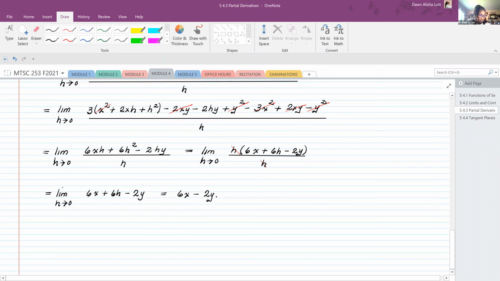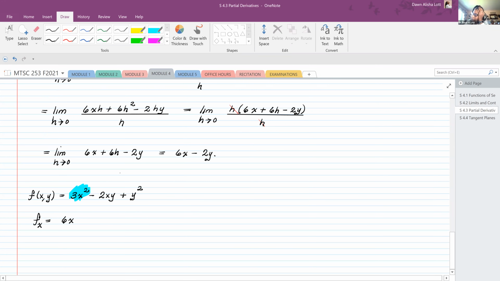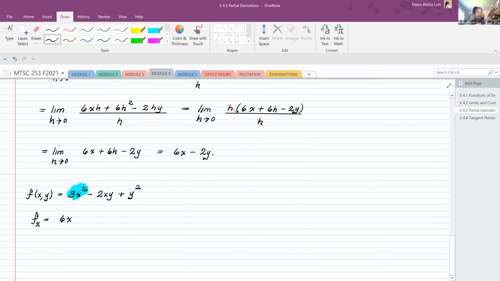So let me go back and do it the easy way. f of x,y is 3x squared minus 2xy plus y squared. So when I find f sub x, I differentiate the 3x squared. That becomes 6x. Now I assume y is a constant, like 4.